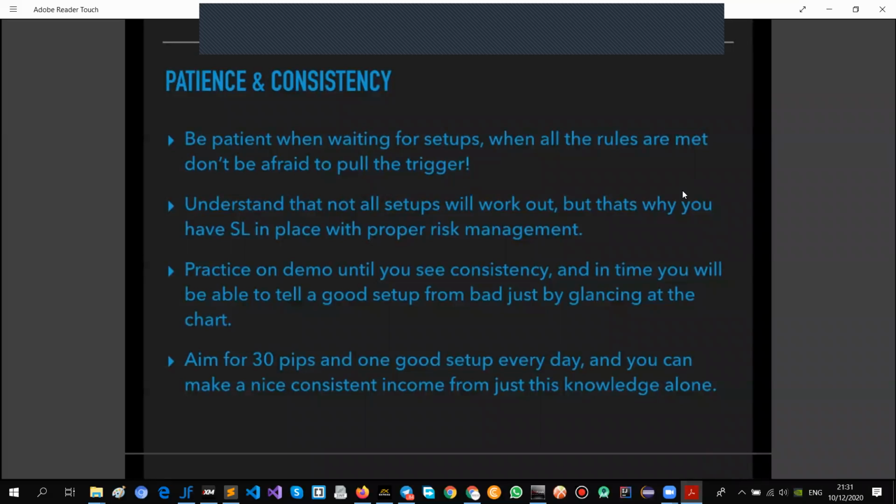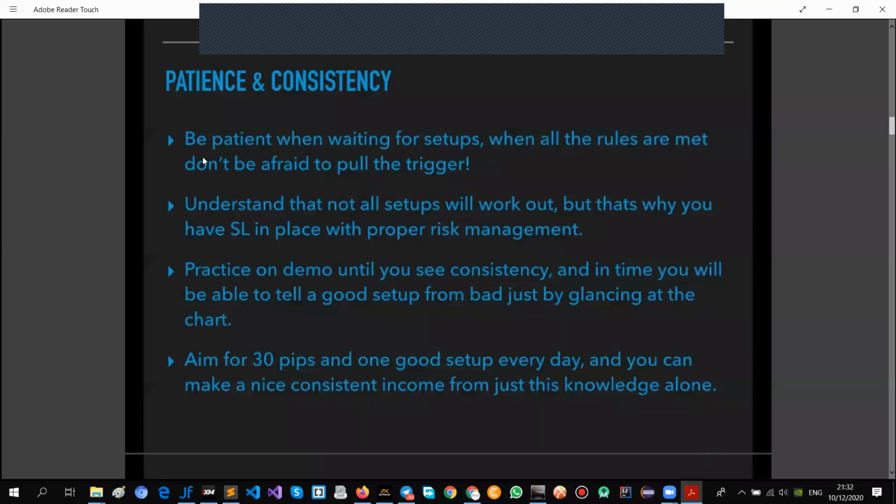Consistency comes after you are patient. If your patience is consistent, you gain consistency, and it is from patience and consistency that you become profitable. I hope I was slow enough for you to understand what I was trying to put out there.